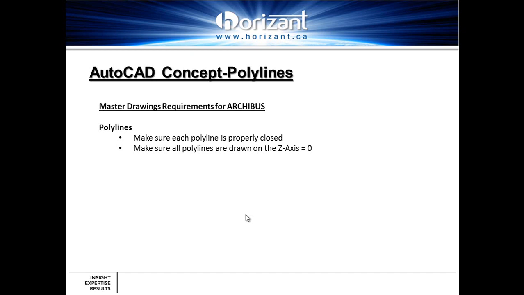The first one is the polylines. The polylines are essentially a depiction of space. I'm going to take a room or an office and define that space as a polyline so I can calculate the area of that office or workstation and read that inside the ARCHIBUS product.